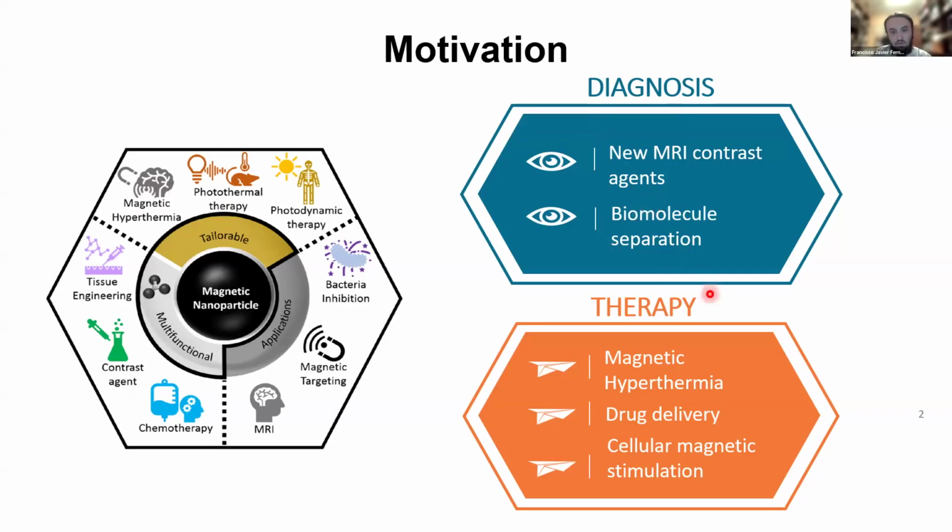Also, they have multiple therapeutic applications. For example, they can be used to treat cancer by magnetic hyperthermia, to deliver drugs in a specific part of the body by applying a magnetic field in that part, and for cellular magnetic stimulation. That is the application that we are going to use as a proof of concept of our nanoparticles.